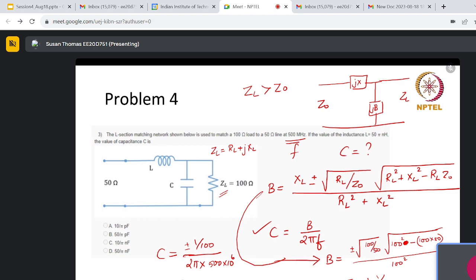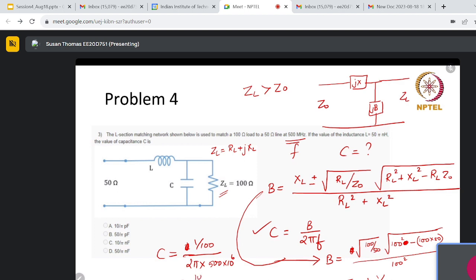Just look at the expression, and it's in picofarad. Maybe you can just omit this plus or minus, it's not needed. 10 by pi, yes, right answer.